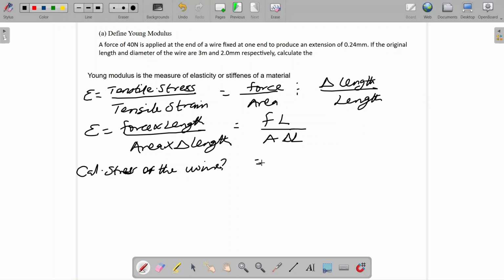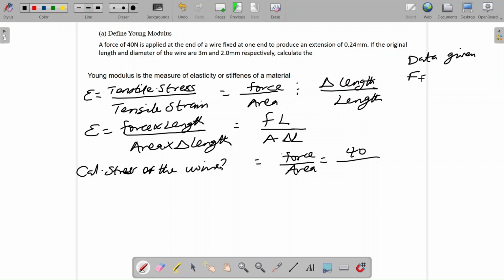Here it says stress of the wire, stress equals tensile stress, which is force over area. We are given force value to be 40 Newton, and area, which is pi r squared, pi d squared over 4. Let me quickly write the data given out. This should have been the first thing you do.